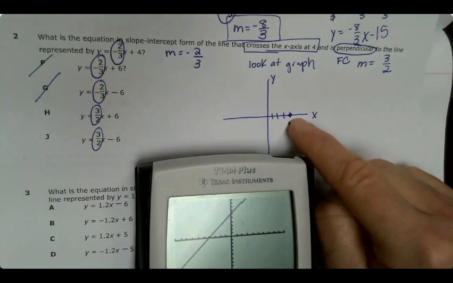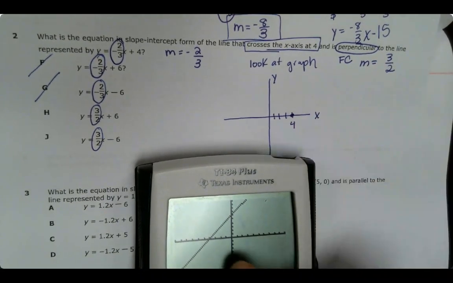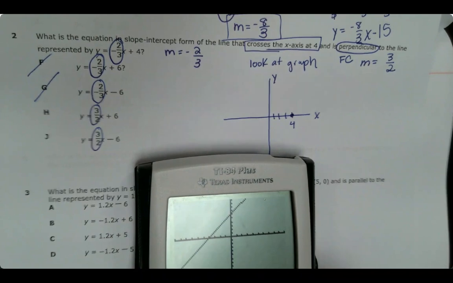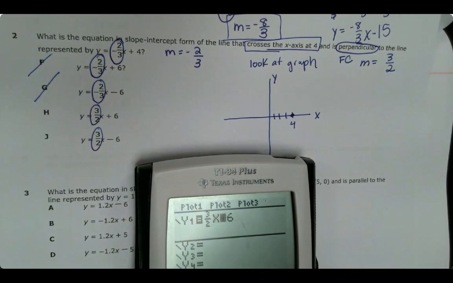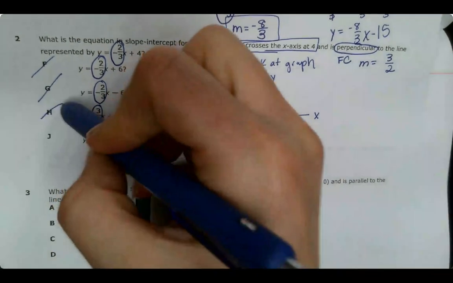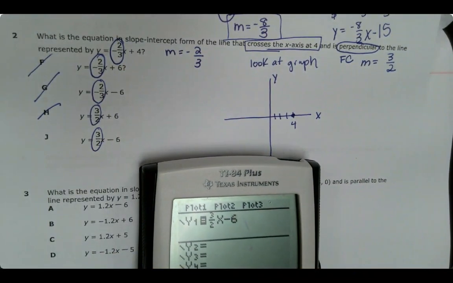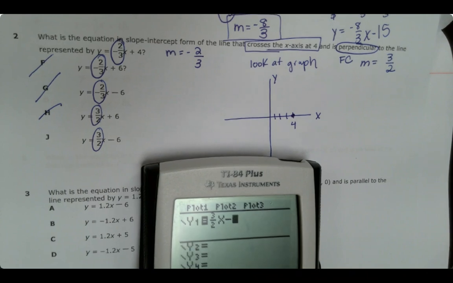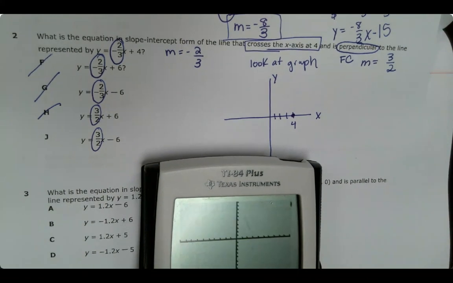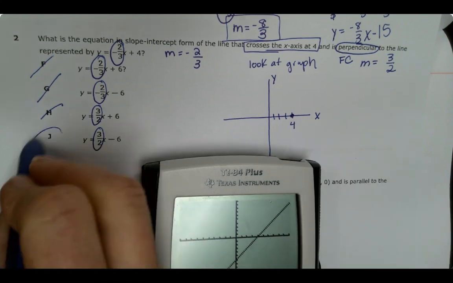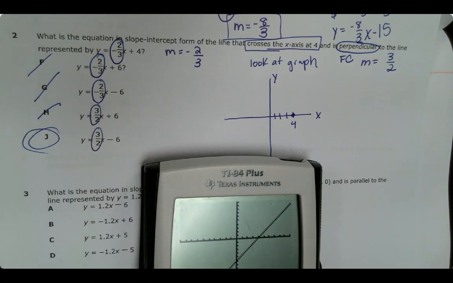Does it pass through 4 on the x-axis? No. It passes through negative 4. So go back and change that to minus. It should be J. Let's just double check. Once you put that into y equals, graph it, and it does. So J is the only one that works.